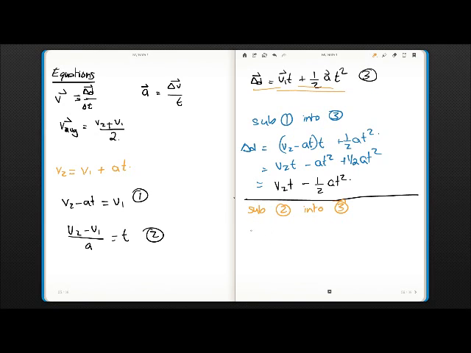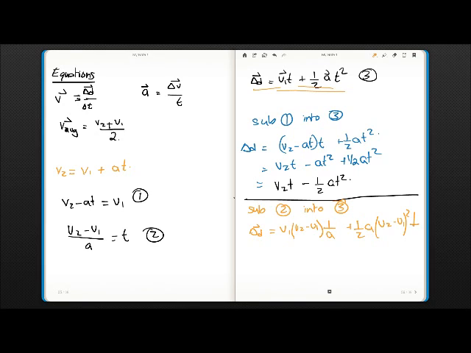So that will be delta D equals v1 times v2 minus v1, and I'm going to split the a, so it'll be 1 over a, plus 1 half a times v2 minus v1 over a squared.